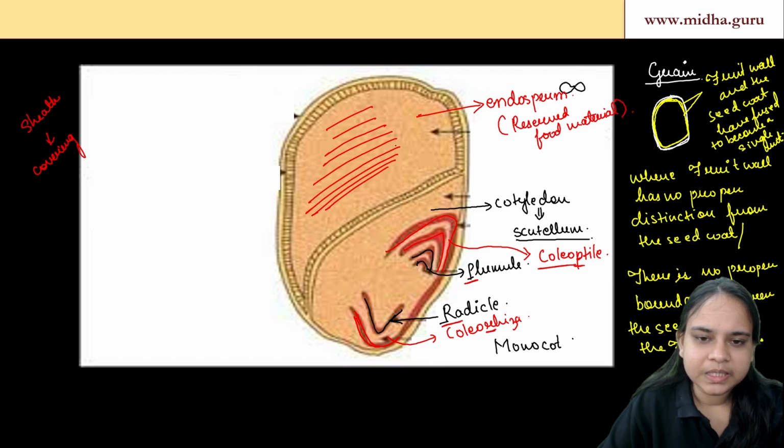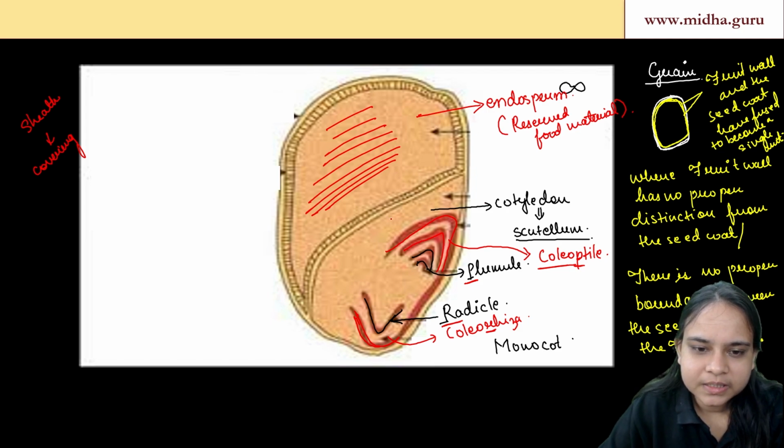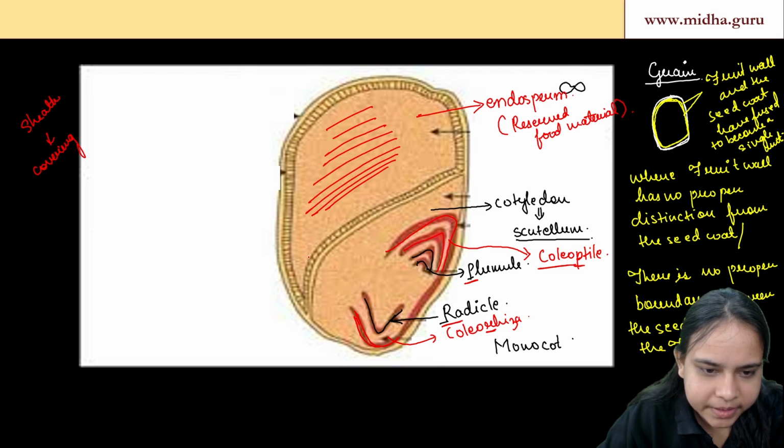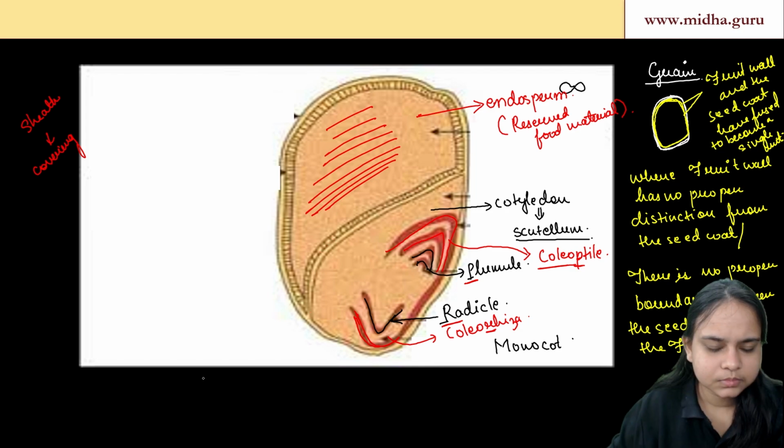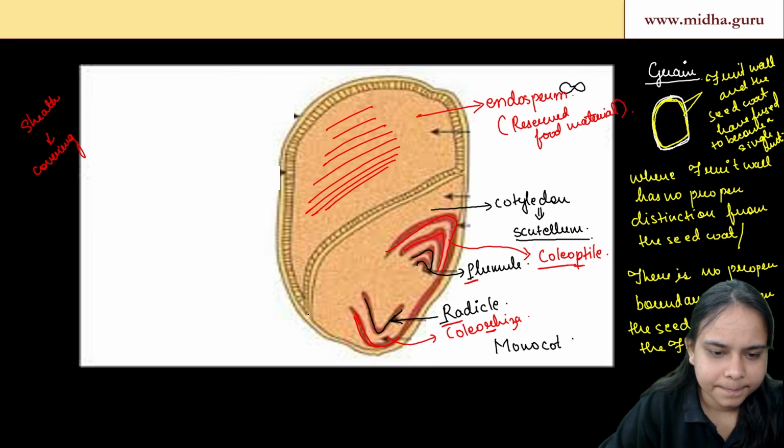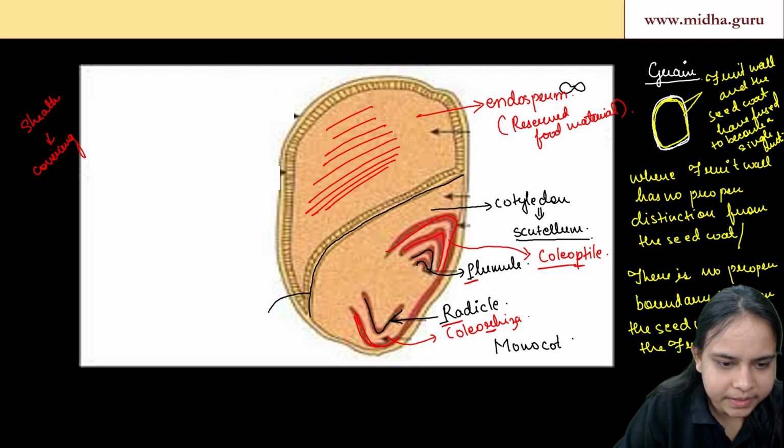Now, as we know, there is a distinct compartment for the endosperm as well as for the cotyledon. This endosperm and cotyledon are separated by a prominent thin layer. This thin layer is an epithelial layer. And what does it do?